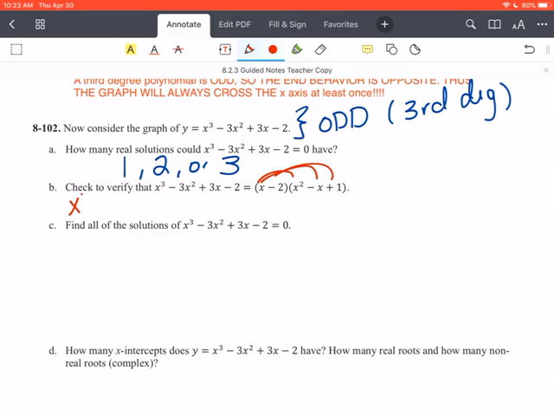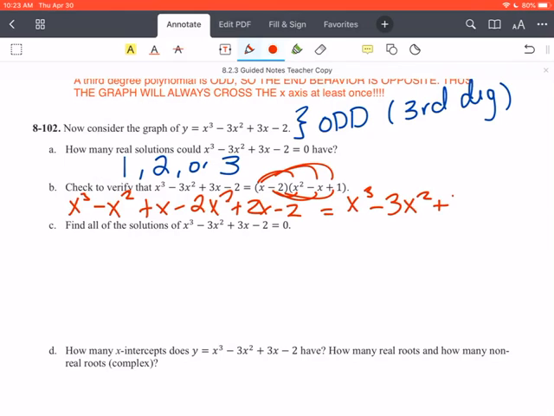I get x cubed, and then minus x squared plus x, and then distribute the negative 2: x squared plus 2x minus 2. So I get x cubed and then minus 3x squared and plus 3x minus 2, and that is what they started with in standard form. So we can say check.